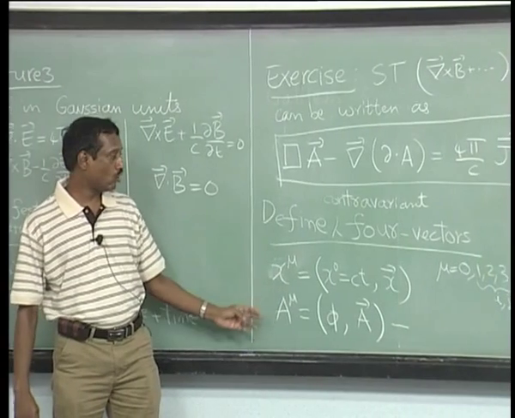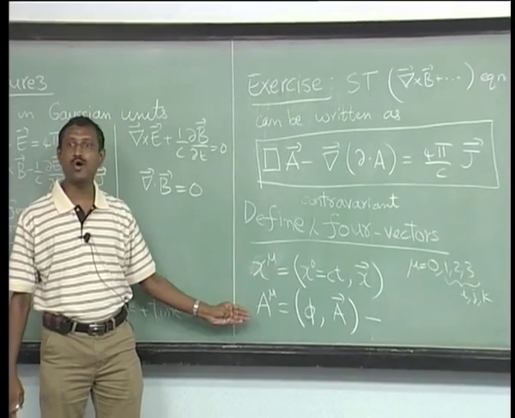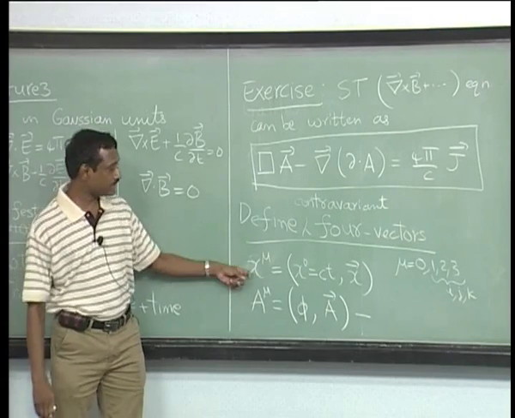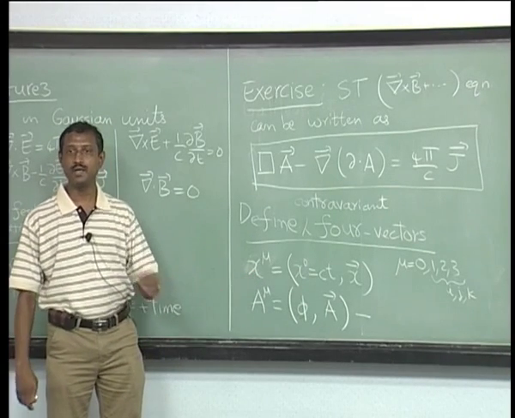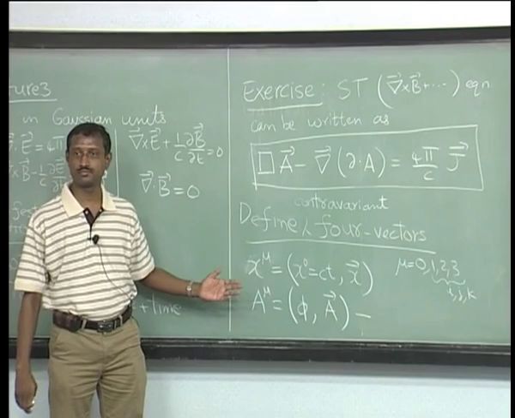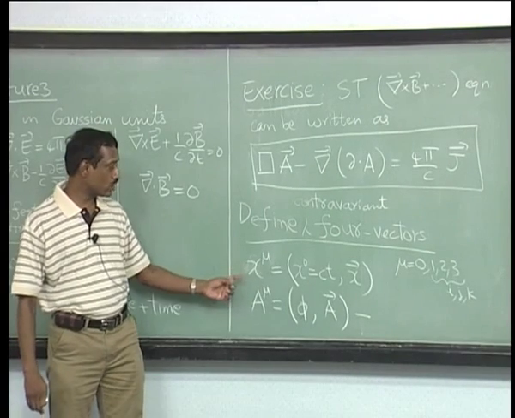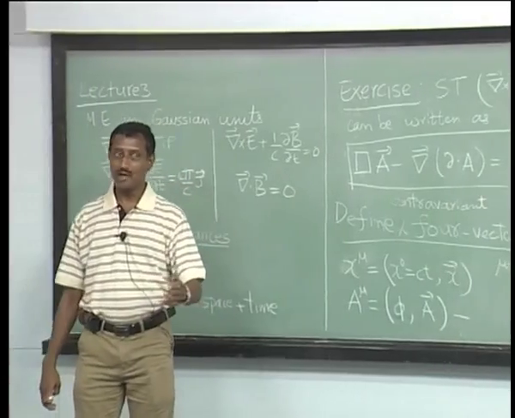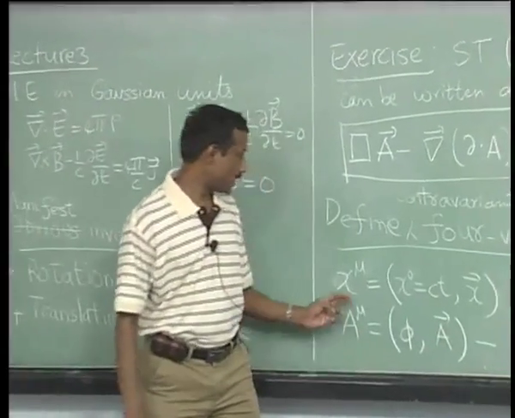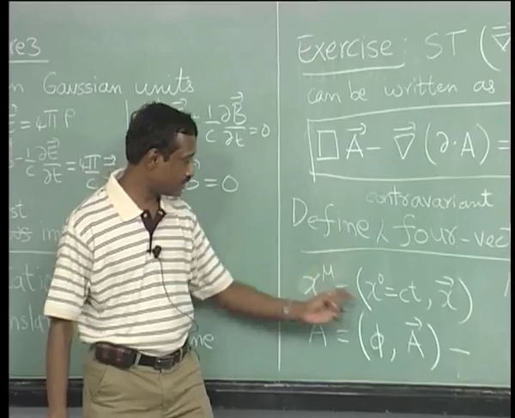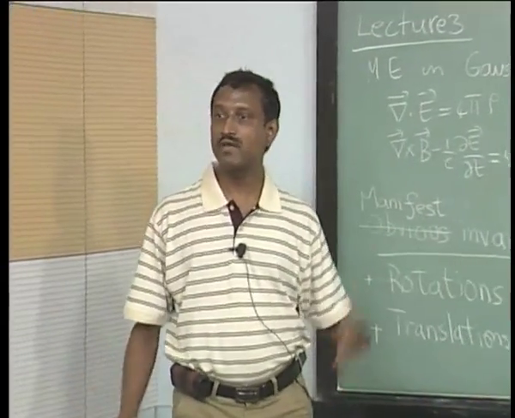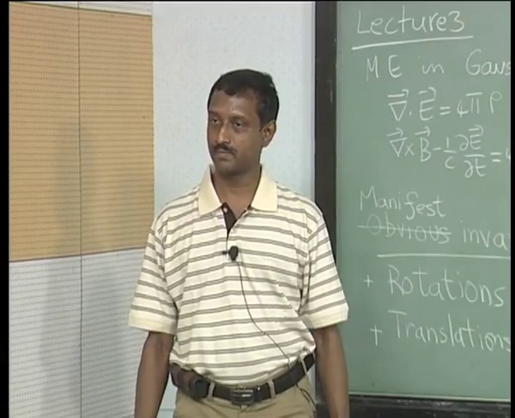So now the statement is that all 4 vectors by definition transform exactly like x mu under a Lorentz boost. Wherever you saw x0, if you want to work out the transformation of this, you put a0, and wherever you saw the spatial x, you replace it with a. That is the rule. So I have given you how it transforms.